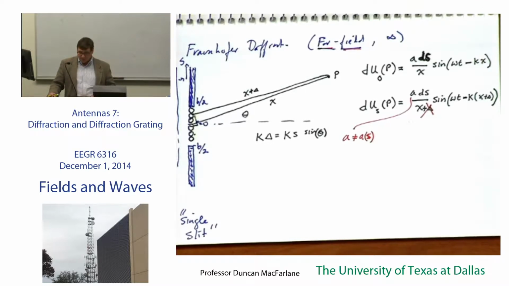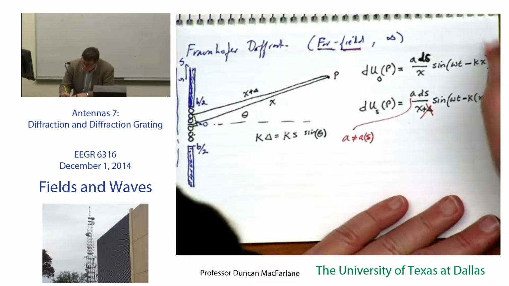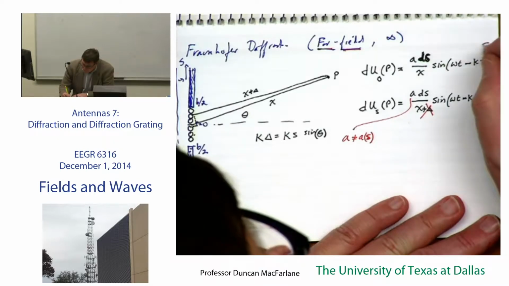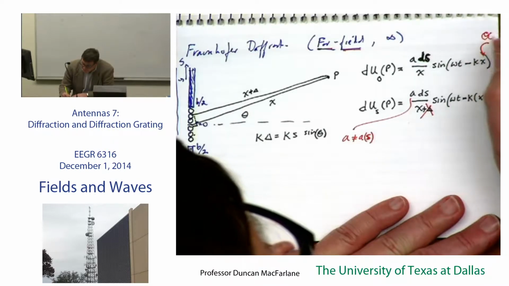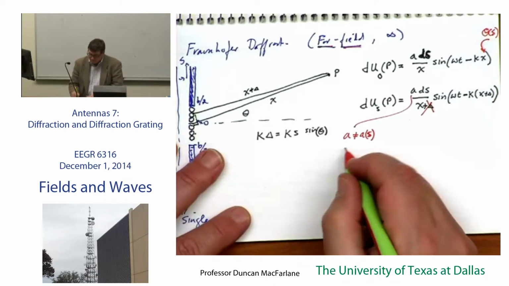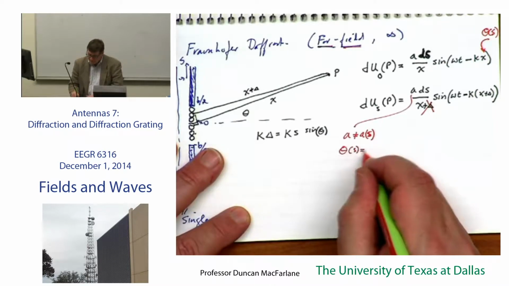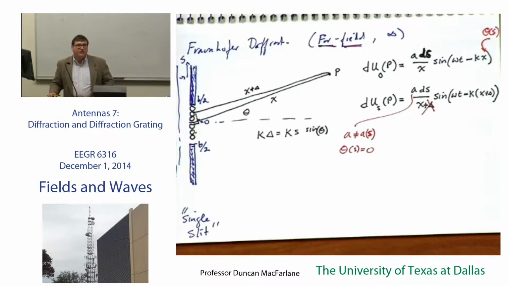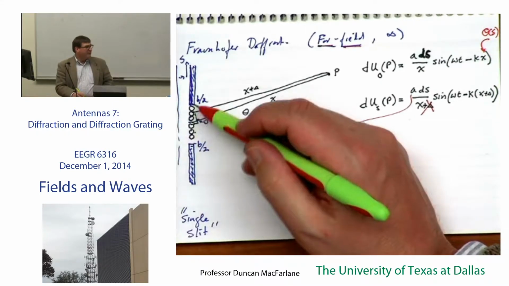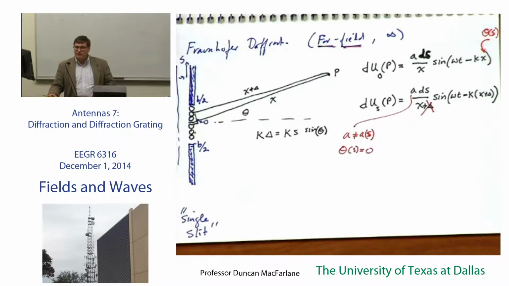Okay? And then the other thing is, there could be a theta of S here. So there could be an additional phase term for each and every one of these spherical wavefronts.